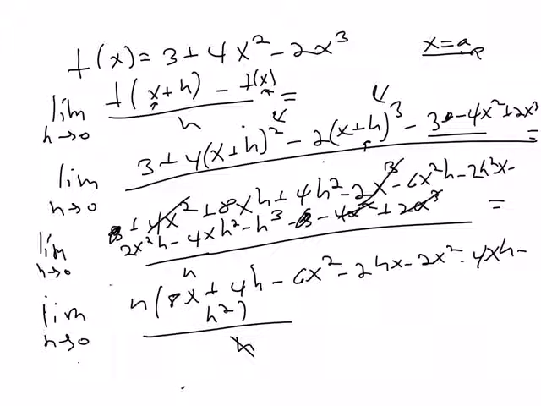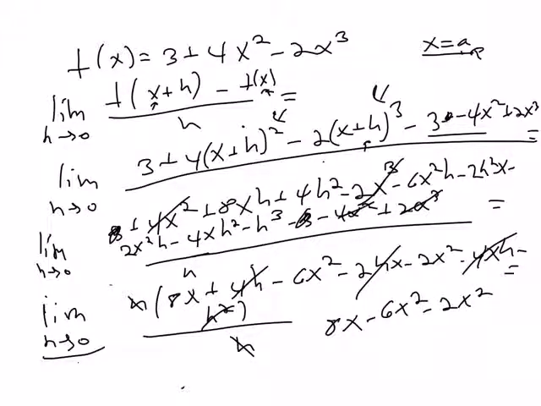Now these h's cancel, and everywhere I have an h, as h goes to 0, we'll just get rid of that. So this is going to vanish, and that's going to vanish, and that's going to vanish. So this is going to equal, with the limit, 8x minus 6x squared minus 2x squared.